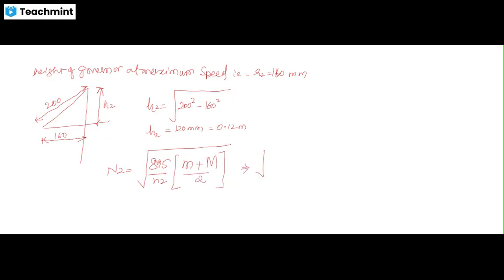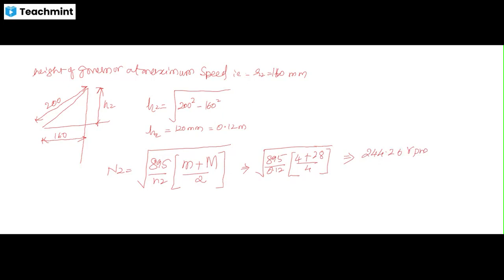Now substitute here 895 divided by 0.12 in bracket 4 plus 28 divided by 4. 244.26 rpm.